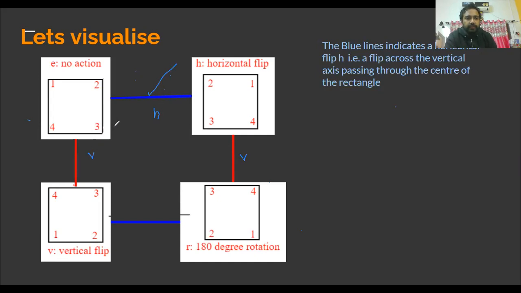And from this configuration E, we get to this configuration using a vertical flip.